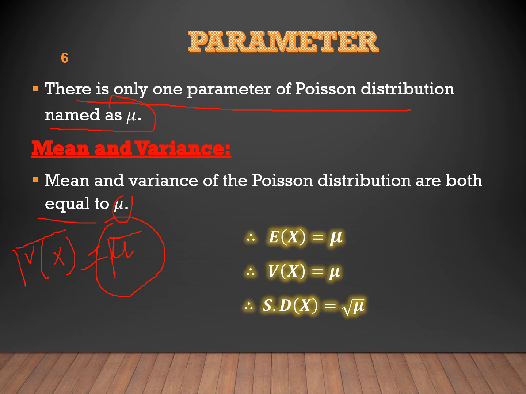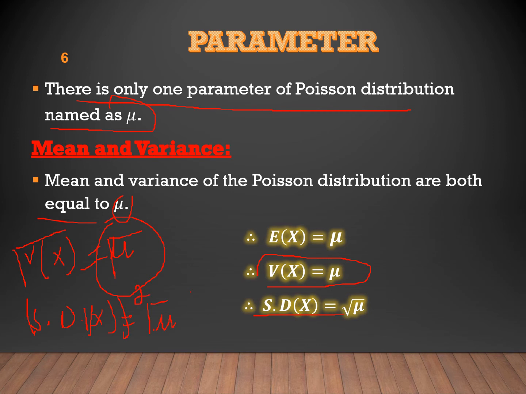But if we want to find the variance from the standard deviation, then here we suppose that standard deviation of x is equal to square root of mu. Then we take the whole square for variance.